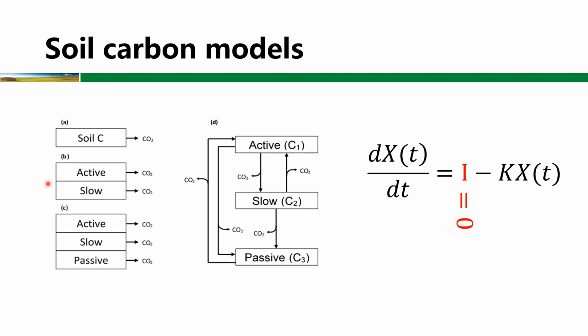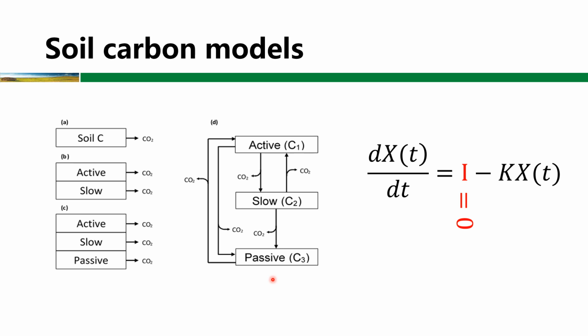For example, a two-pool model divides soil carbon into active and slow pools, as shown in panel B. A three-pool model divides soil carbon into active, slow, and passive pools, as shown in panel C. The two- and three-pool models simulate soil carbon cycling without transfers among pools.